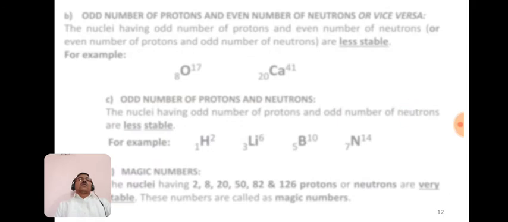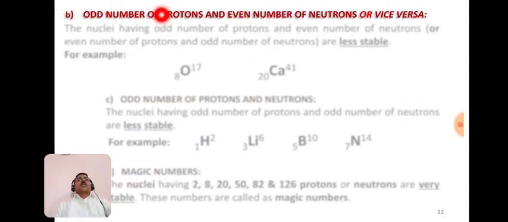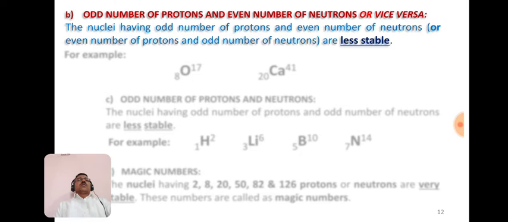Now second point is odd number of protons and even number of neutrons, and vice versa. So we know that when the protons and neutrons are in paired form, then such nuclei are more stable.